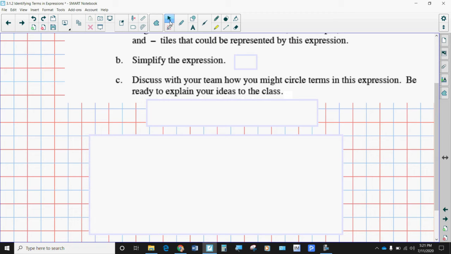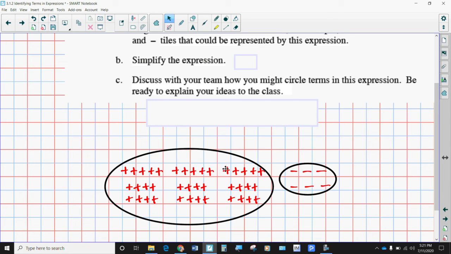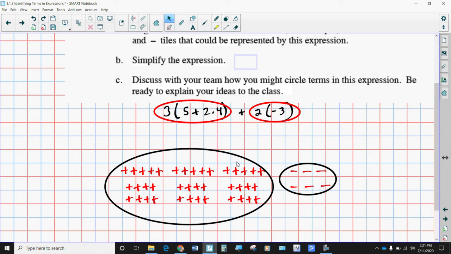Okay, so you're going to see a combination. You're going to see my answer to C and to A all together. There we go. Okay, so that's the diagram, and here's the answer for C, where I've broken it up into 2 terms. Within the first term, you've got 3 groupings of 5 plus 2 times 4.